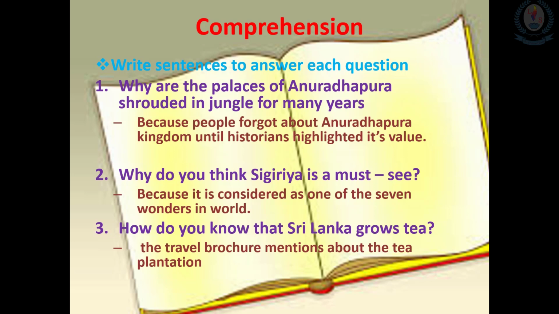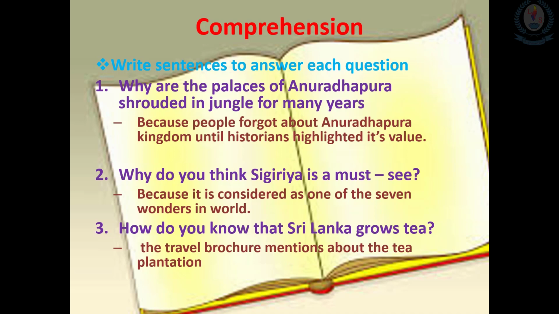Third one, how do you know that Sri Lanka grows tea? The travel brochure mentioned a tea plantation in the what-to-do passage. Take a seaplane from Lake Koggala near Galle up to the tea plantation.